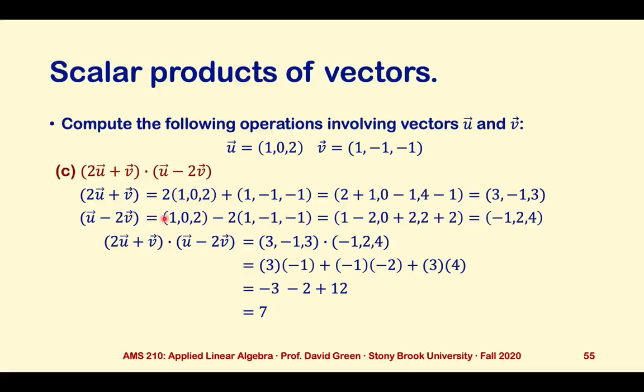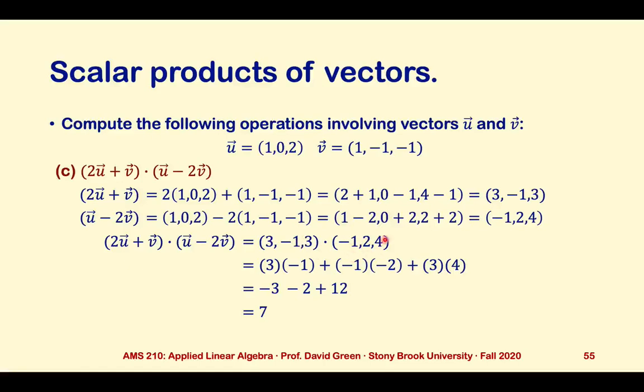So u minus that, 1, 0, 2, minus 2, negative 2, negative 2. 1 minus 2 is negative 1. 0 minus negative 2, or 0 plus 2, is 2. 2 minus negative 2, or 2 plus 2, is 4. So the dot product we want to evaluate is the dot product of the vector 3, negative 1, 3, and the vector negative 1, 2, 4.